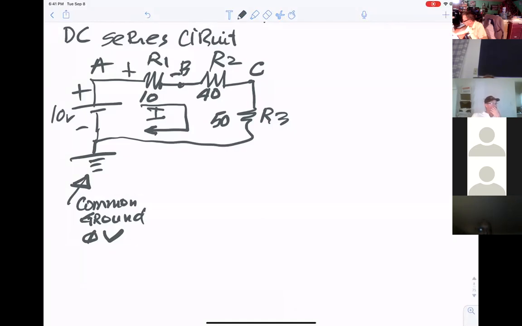Coming in, positive; coming out, negative. So, if I give you a resistor here, I can ask you which side is positive or negative.